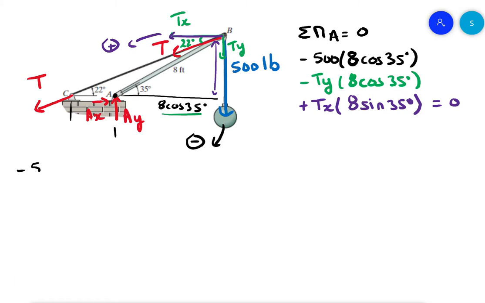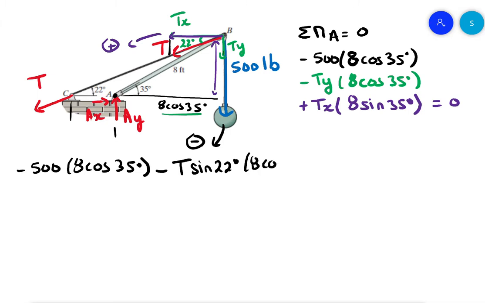We have minus 500 times 8 cosine 35 minus Ty, it's T sine 22 times 8 cosine 35, plus Tx, and Tx is T cosine 22 times 8 sine 35 equals 0.